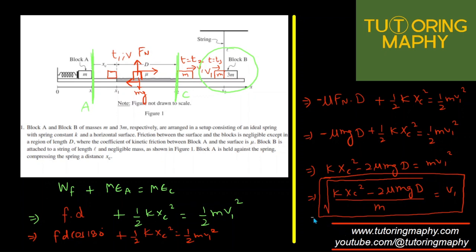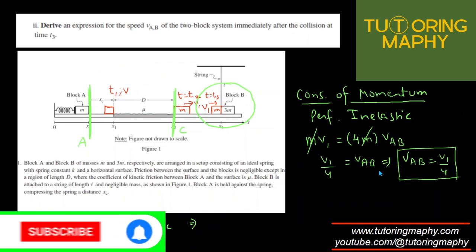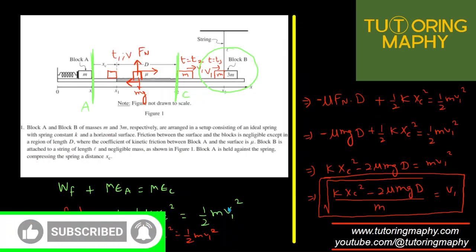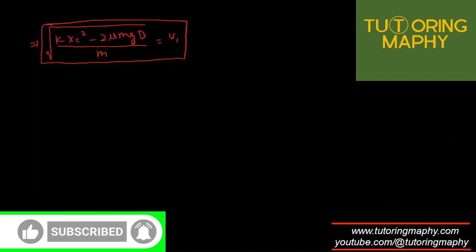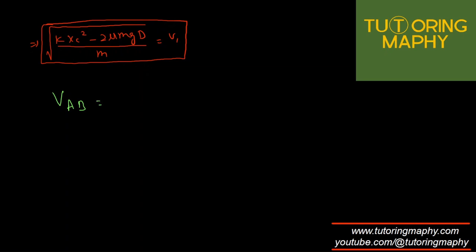I'm not really in a mood to write this again, so I'm just going to copy this, come back. Oh my goodness, there is no space. So let me add another slide then. So V_AB is going to be 1/4 of this entire thing.